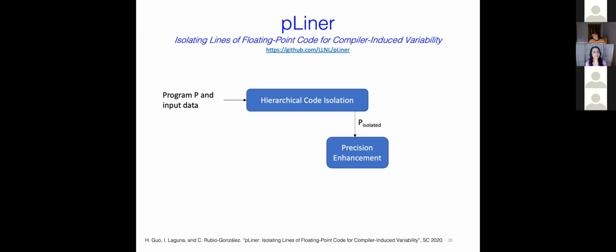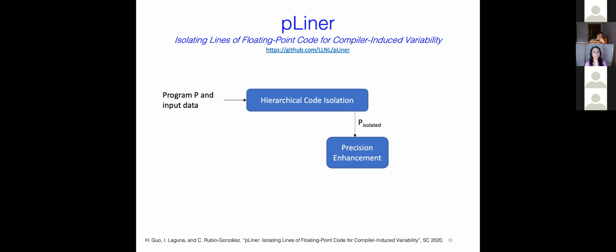Then it applies precision enhancement, which transforms the floating point operations in those code areas to higher precision. The assumption is that if we increase precision, those inconsistencies are more likely to go away because the optimizations will affect the program less.